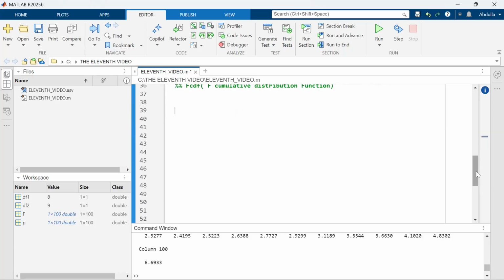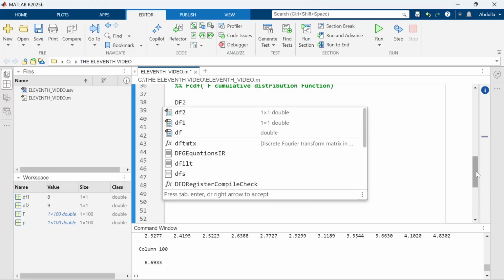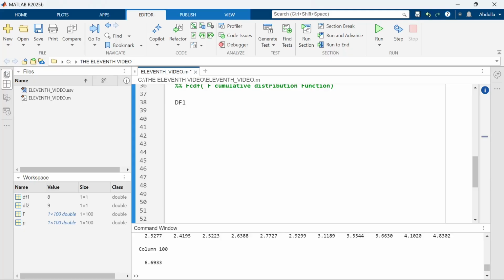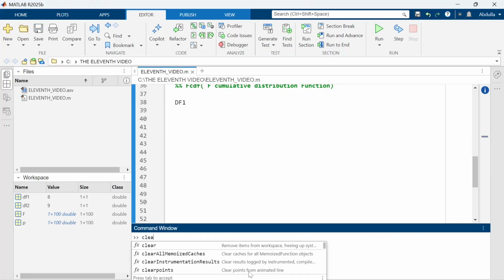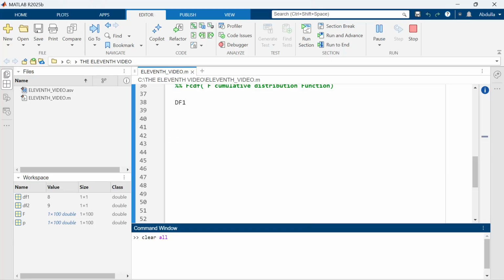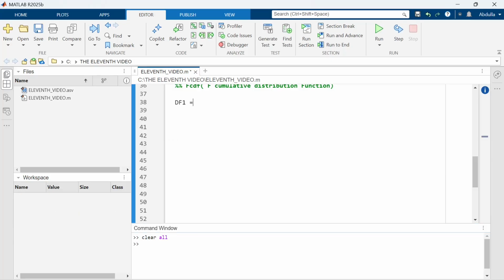So let's try to implement or execute this function. First, the degrees of freedom, df1 and df2, and let's clear both. df1 will now be from 1 to 5, df2 will be from 6 to 10, and now the x values will be from 2 to maybe 6.